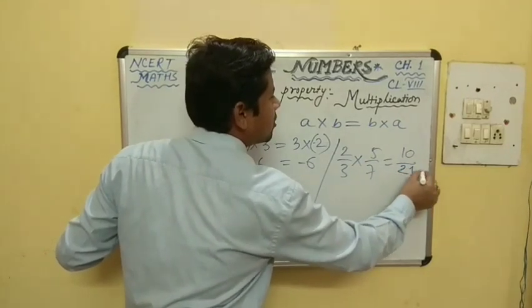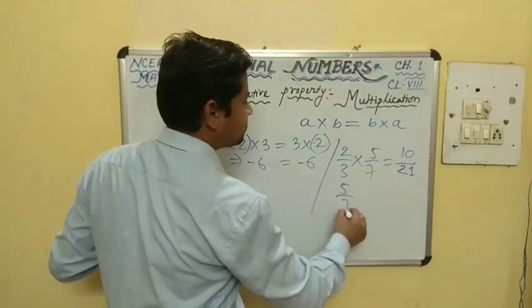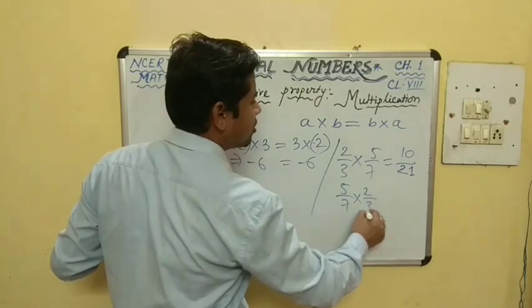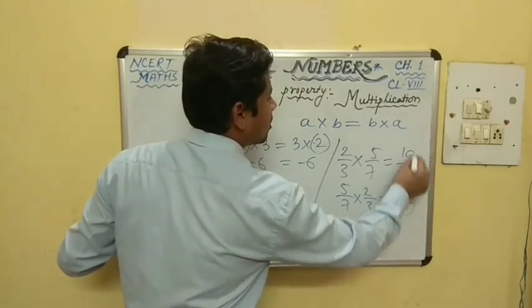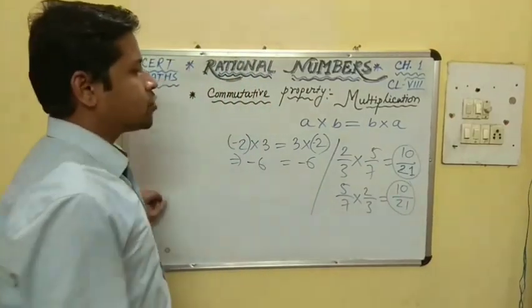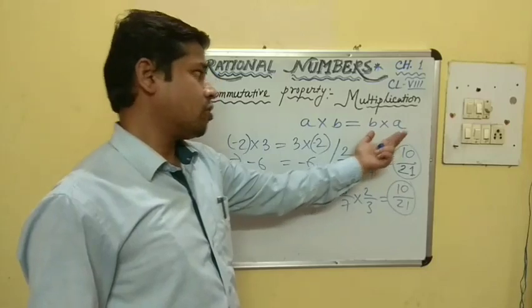So 10 upon 21, and 5 by 7 into 2 by 3, if I change the order, the product remains the same. So that's why we consider a cross b is equal to b cross a.